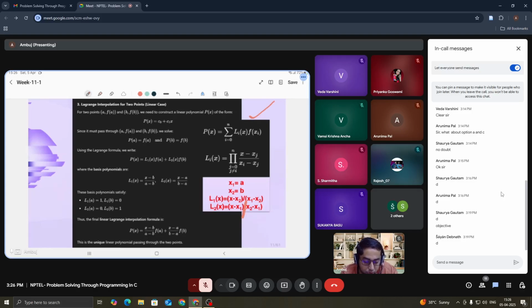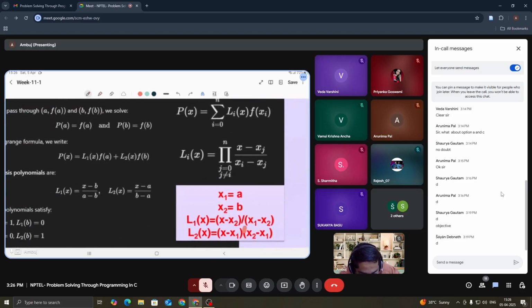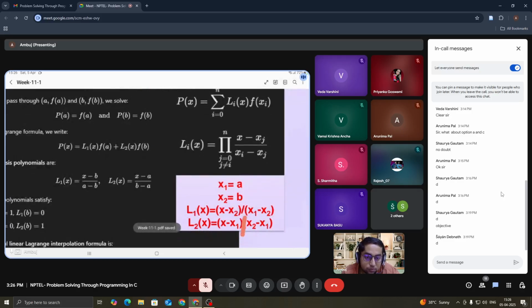So what is the final expression? L1(x) is (x minus x2) over (x1 minus x2).